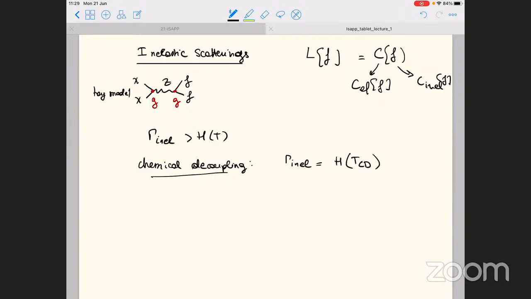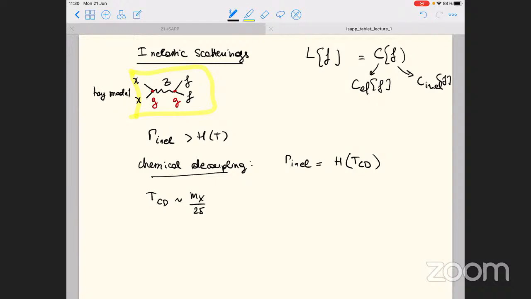As we will discuss later on, within this toy model, with dark matter interacting through gauge interaction, I can check that my temperature for chemical decoupling is of the order of the mass of the dark matter divided by 20 to 25 or so.